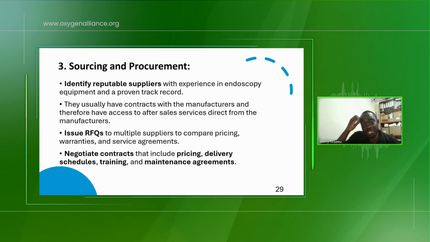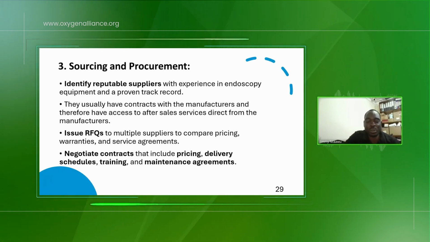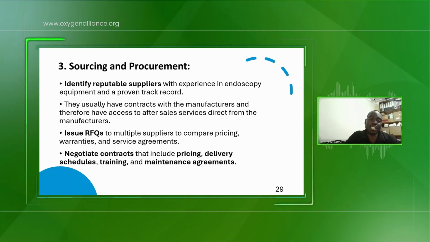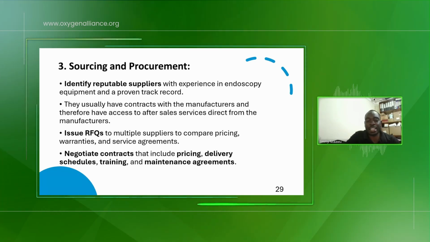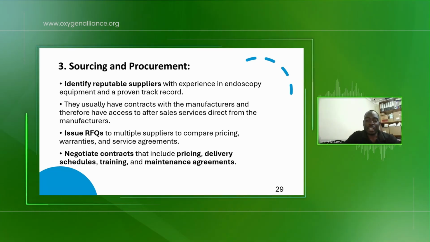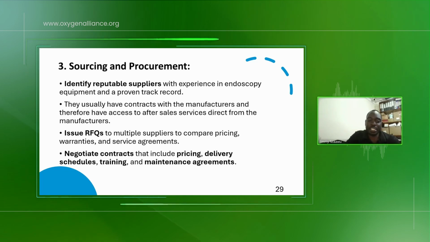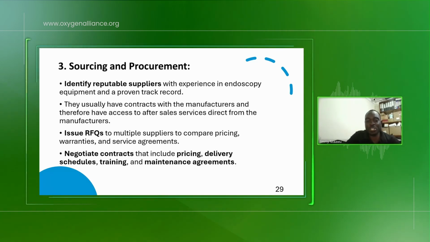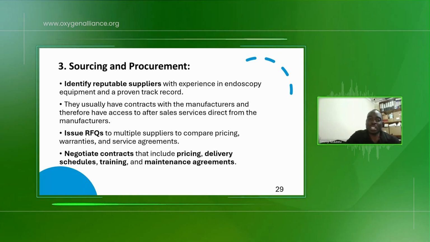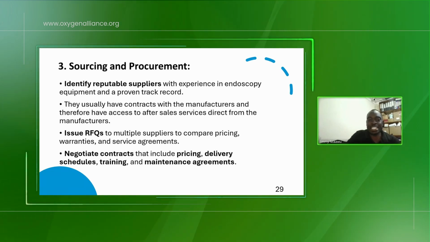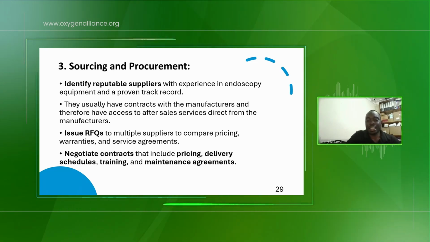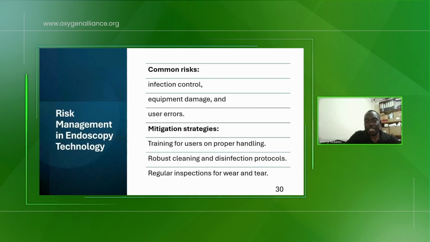These are the quotations. We try to weigh and see which one favors you, which one has better paying terms, which one will work for you, and things like that. And then you can negotiate pricing and delivery schedules. Training has to be there. Ensure that there is always training, whoever is supplying endoscopy, because it is very, very key. And then you can look at the maintenance agreements.